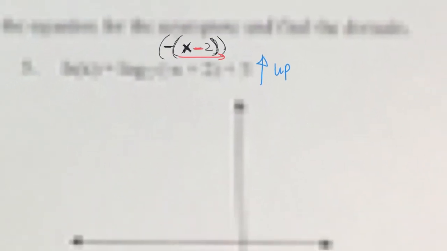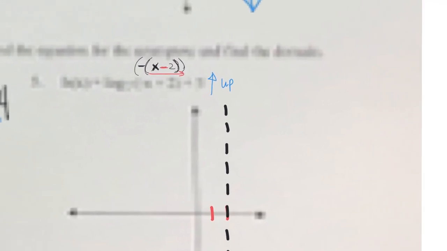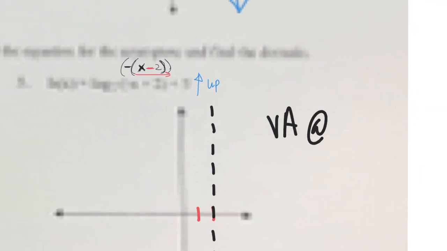So first of all, we're going to put that in. Our vertical asymptote is 2 units to the right. So we have your vertical dashed line through x equals positive 2. Okay, vertical asymptote at x equals 2. Now this 3 up business, that is going to be your x-intercept point has been moved 3 units up from where it normally is.